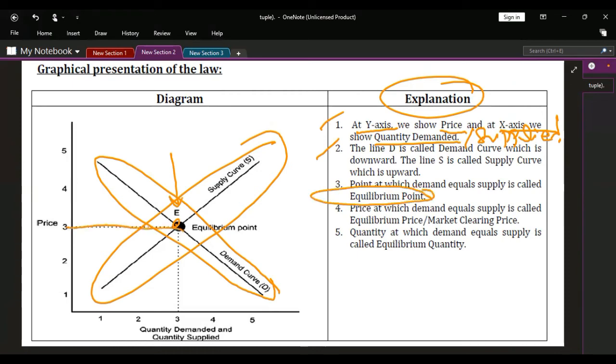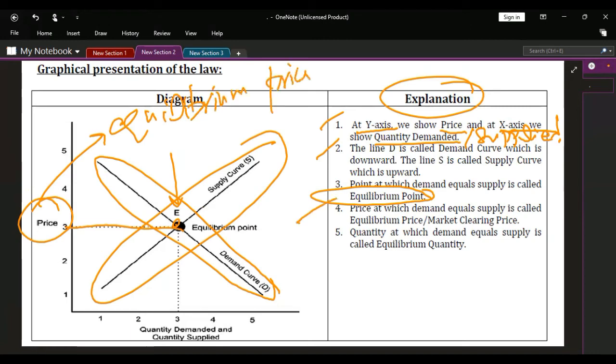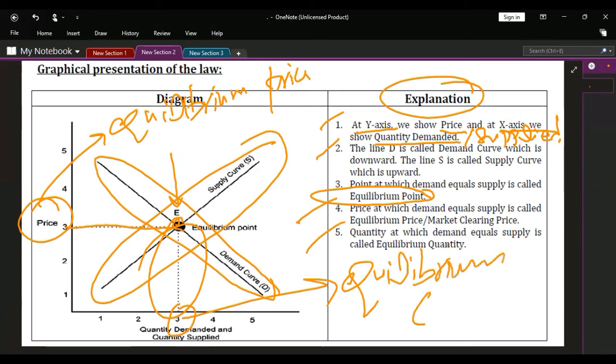Price at this level is called equilibrium price, and quantity at this level is called equilibrium quantity. So this is the price that will prevail in the market because it is the price that is settled or finalized due to the demand and supply forces.